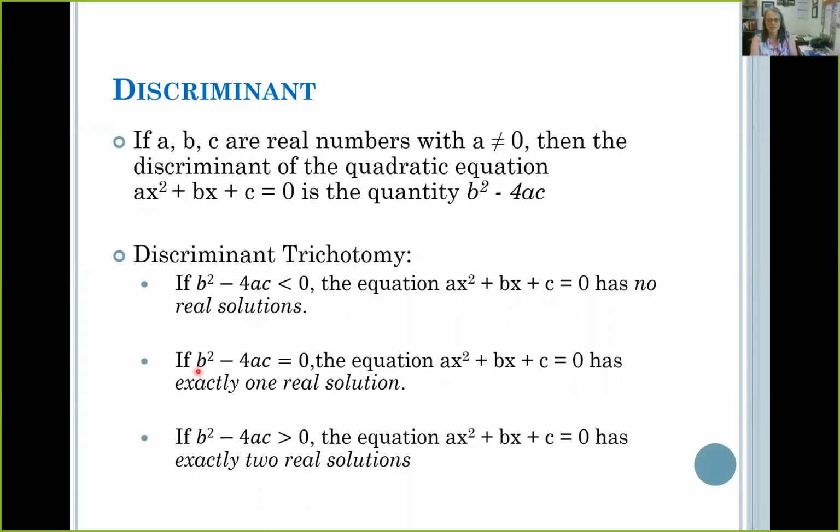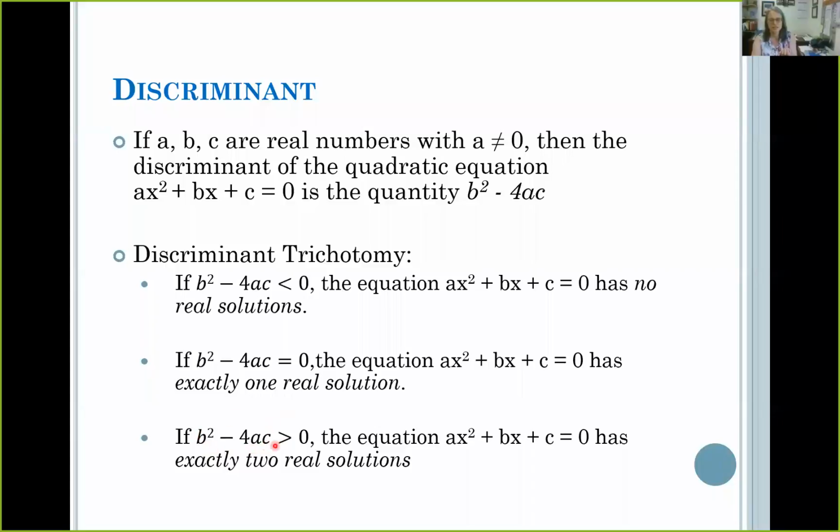If this discriminant equals 0, then this equation has exactly one real solution. For graphing, that means our function has exactly one x-intercept. The only way that happens is if the vertex is on the x-axis somewhere.